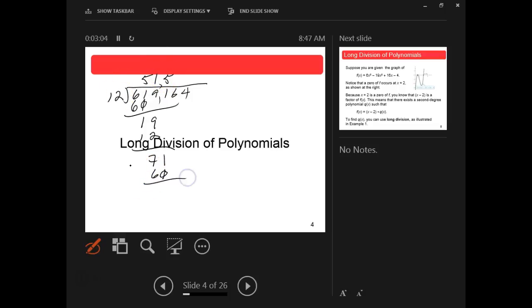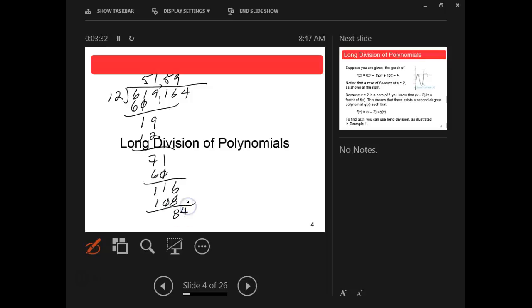And then subtract. And what is it? 11. Then bring down the 6. 12 will go into 116. 9 times. And what do we do next? Multiply. 9 times 12 is 108. And then we subtract, and that gives us 8.